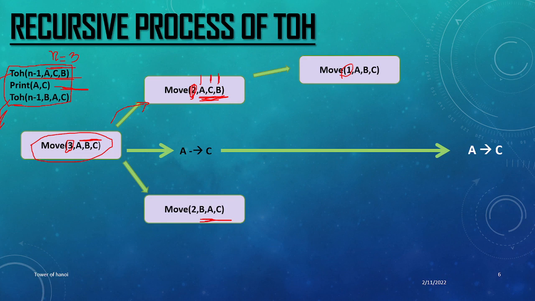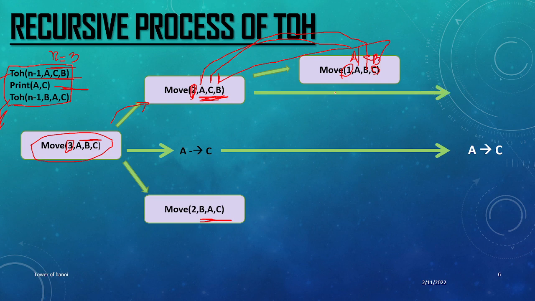So A is here A, and C will be our B. So B is here as ACB. So for mapping this, it is A, it is our B, and it is our C. So it will be like that.